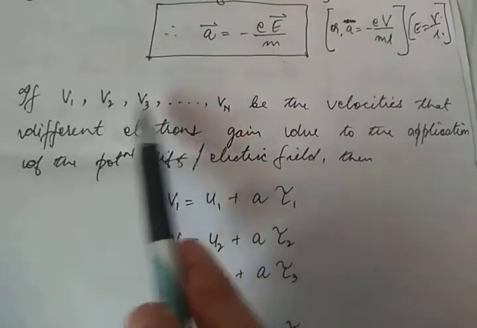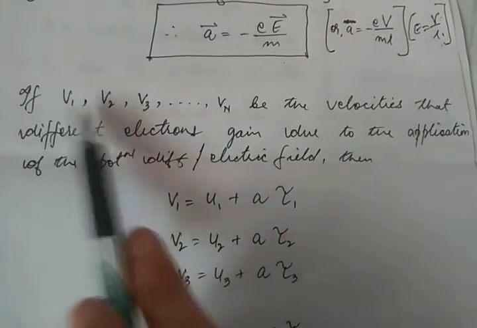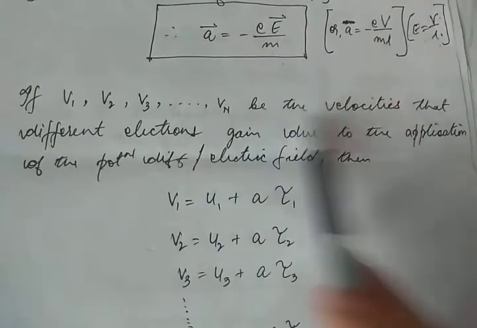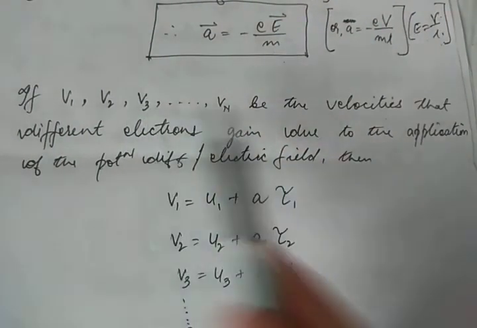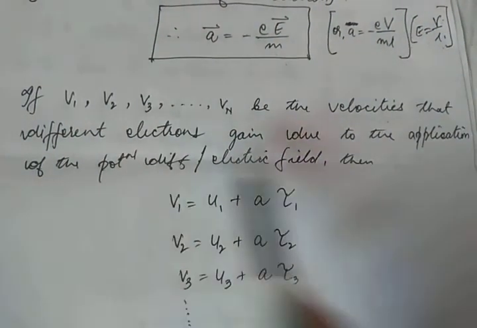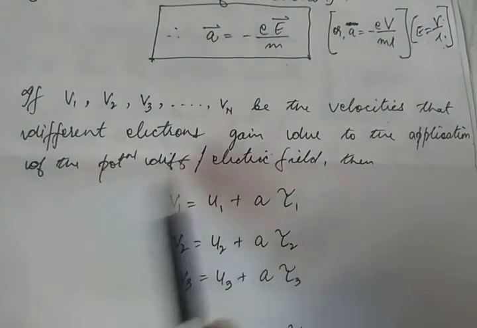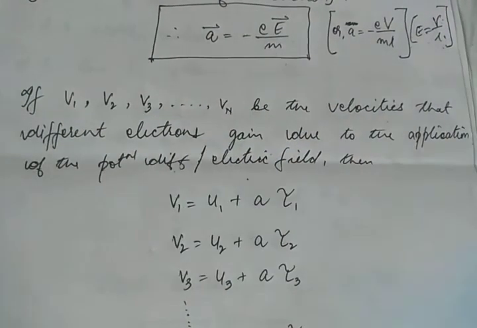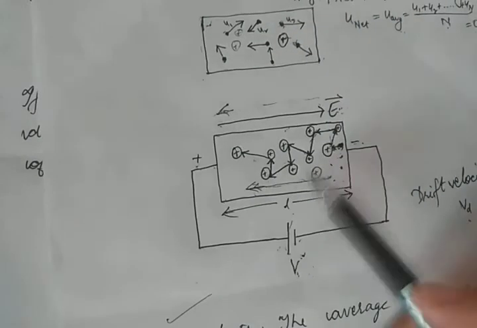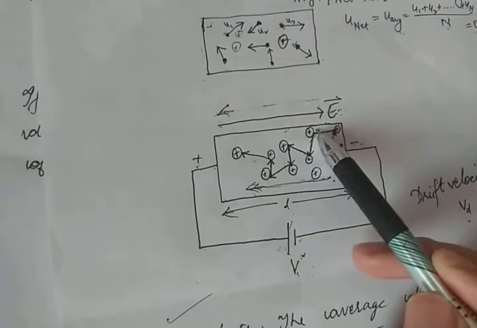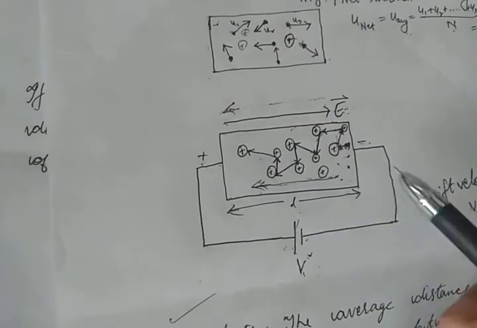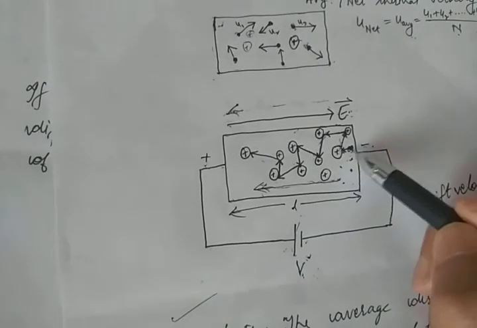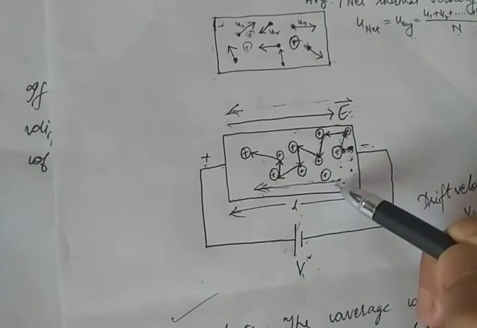Next, if v1, v2, v3, these are all small v's, so v1, v2, v3, vn be the velocities that different electrons gain due to the application of the potential difference or the electric field. Like I already mentioned, here we have shown the story of one electron, but I told you the same is the story for the other electrons too.